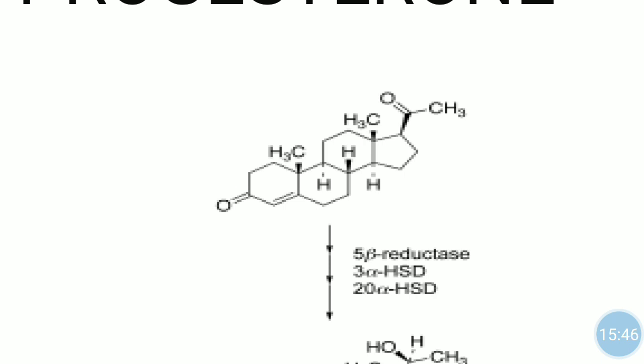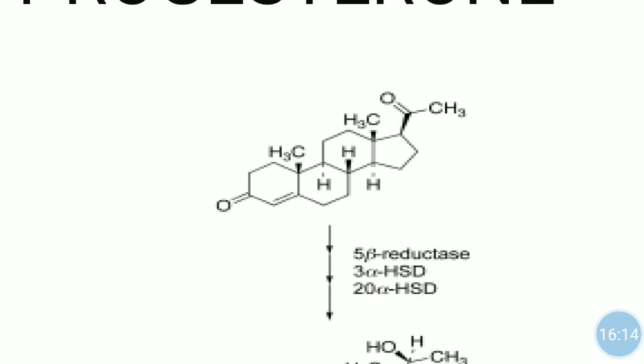It contains the pregnane backbone, which contains 21 carbon atoms. We know how to give the numbering to such a ring system. So 18 and 19 are the beta methyl groups, 20 is the carbonyl carbon, and 21 is the methyl at the aliphatic chain. That is the structure of progesterone.